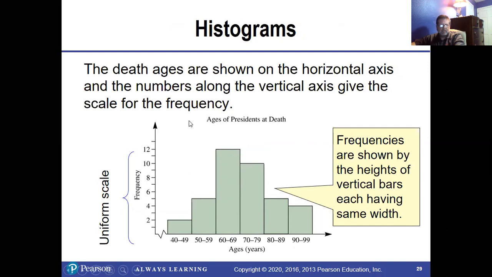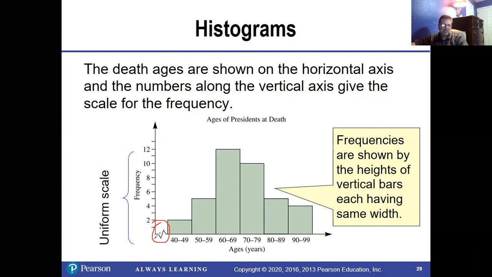Okay, let's just preface this. This comes up a little bit later, but I'm going to talk about it now anyway. This right here is just in a bar graph and in a histogram. You have to use this because you're not using the ranges from 0 to 9, 10 to 19, 20 to 29, and 30 to 39, because mostly you can't be a president that young, and there haven't been any presidents those ages.